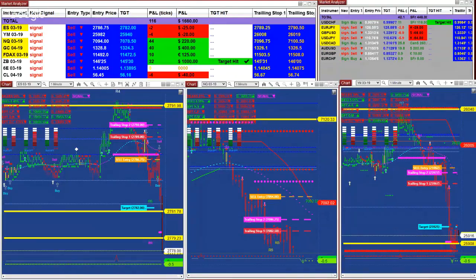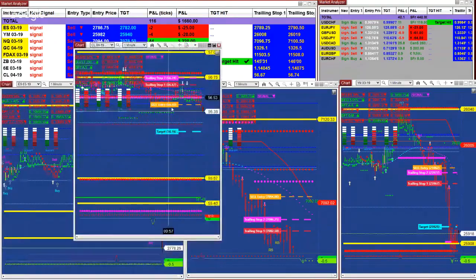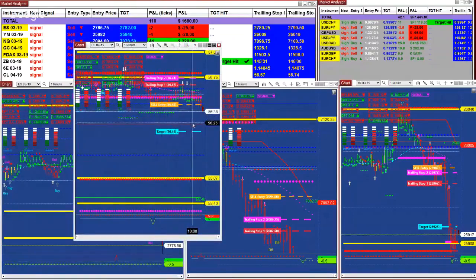For the CL, we have an entry at 56.54. You have to watch out for the double support line at 56.26, target 56.16.